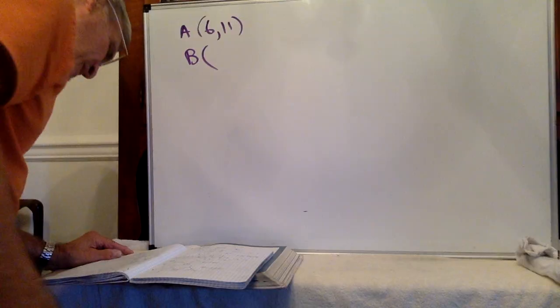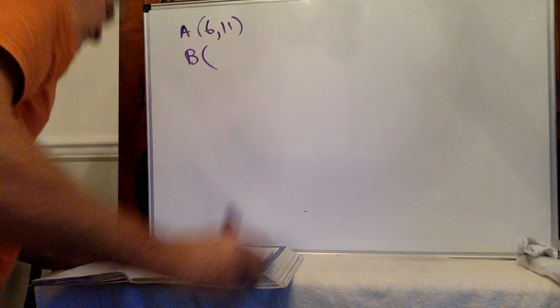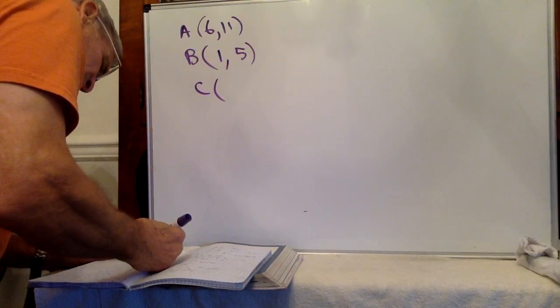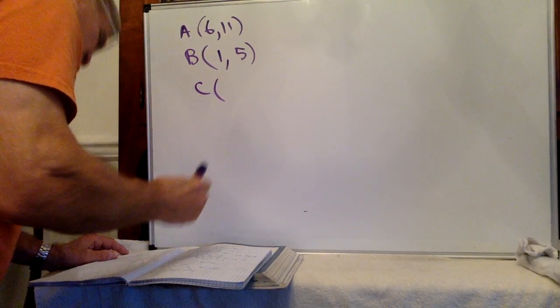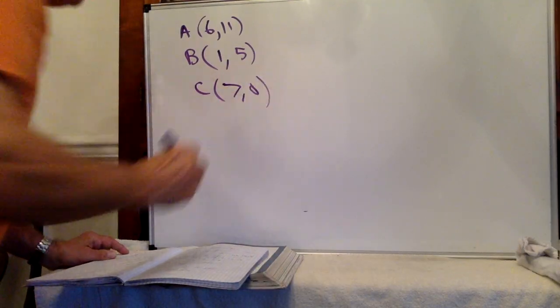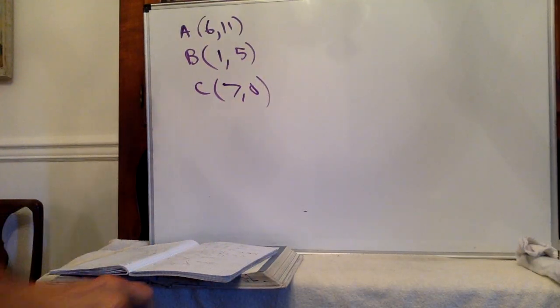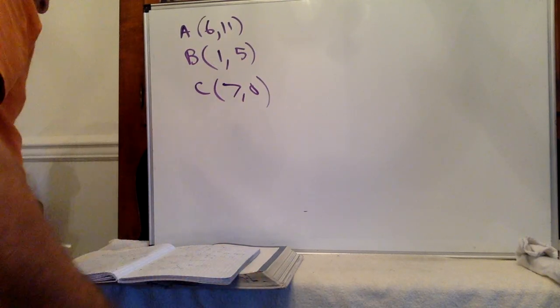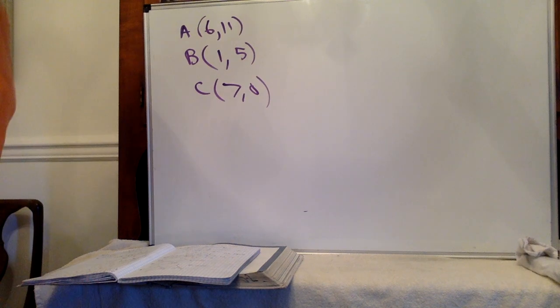B was the point 1, 5. And C was the point 7, 0. And they said show by means of slopes that the triangle ABC is a right triangle.